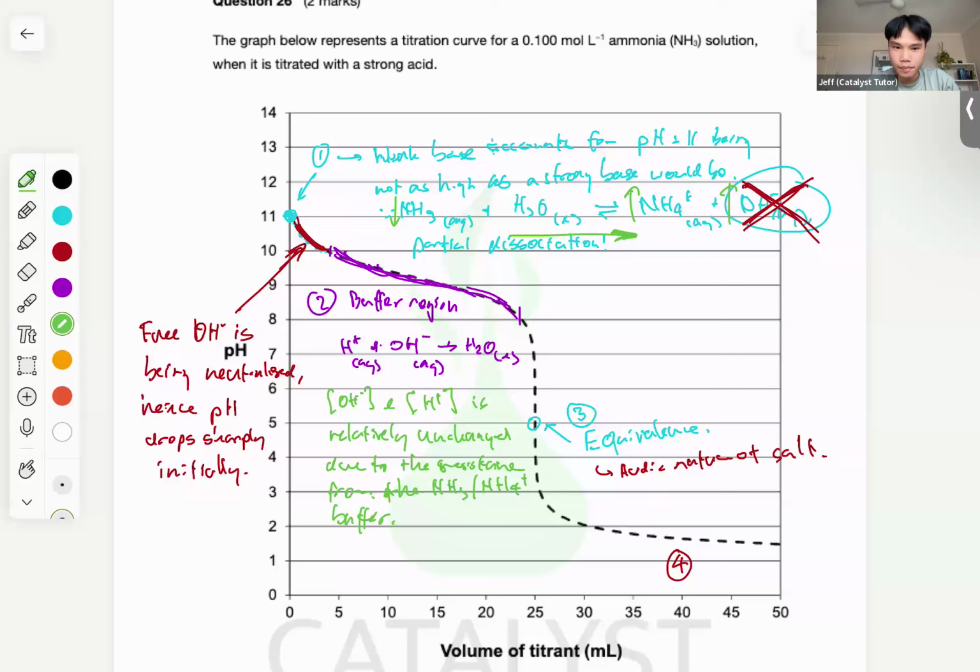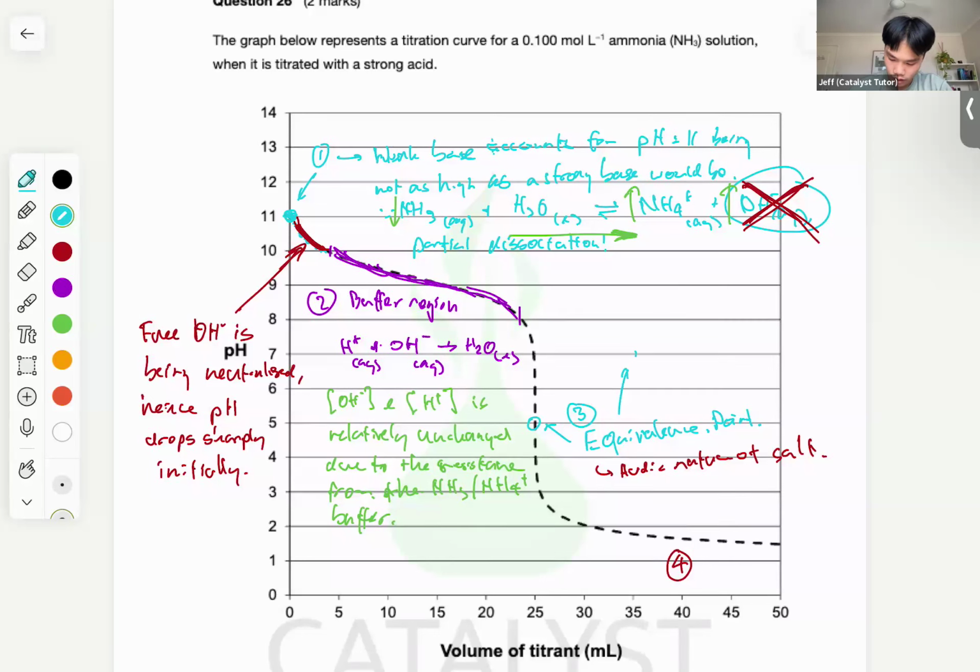Okay. Point number 3, equivalence point. This is the point where we have what? What is equivalence point actually defined as? Yeah, every mole of hydroxide reacting with every mole of H plus. Good.